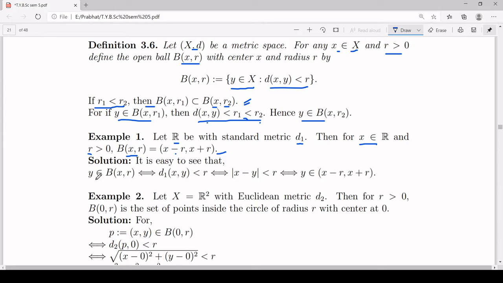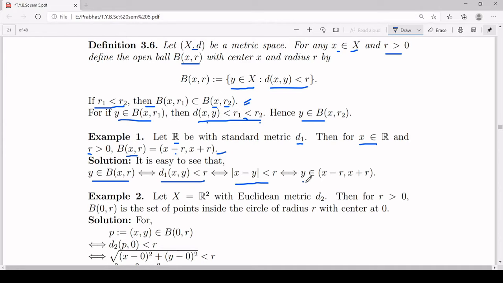So let y be an element inside your open ball B(x, r). y will belong to B(x, r) if and only if the distance between x and y is less than r. Now by definition of d1, this is possible if and only if mod x minus y is less than r. Then if you expand it, you will have minus r less than x minus y less than r, and then you can shift x to see that y is greater than x minus r and y is less than x plus r.